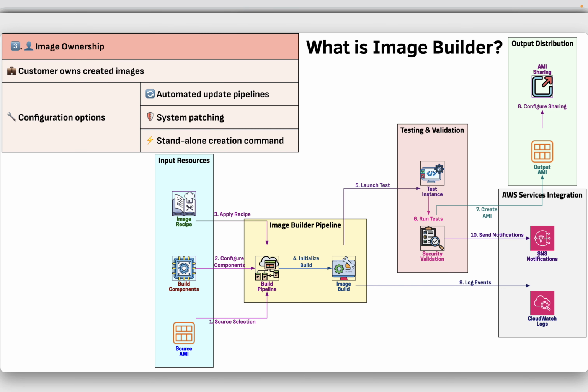Image Builder provides comprehensive ownership and configuration options, which allows customers to own their created images, set up automated update pipelines, implement system patching, and execute standalone creation commands using defined configuration resources.